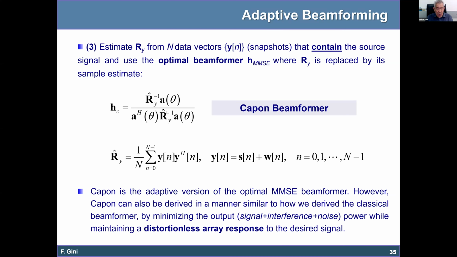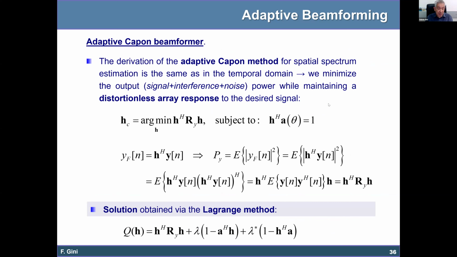Actually, this beamformer can also be derived following a different approach, very similar to the approach that we use to derive the classical beamformer. If you remember, to derive the classical beamformer, we tried to minimize the power at the output of the beamformer subject to the distortionless array response constraint. To derive the classical beamformer, we made the assumption that Ry is equal to the identity matrix, and we solved the problem.